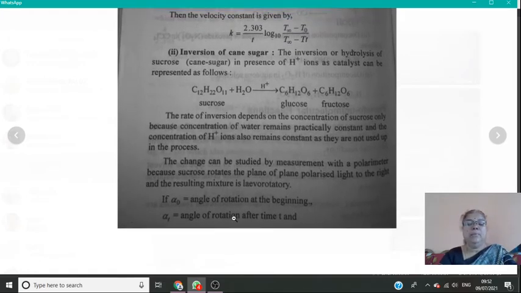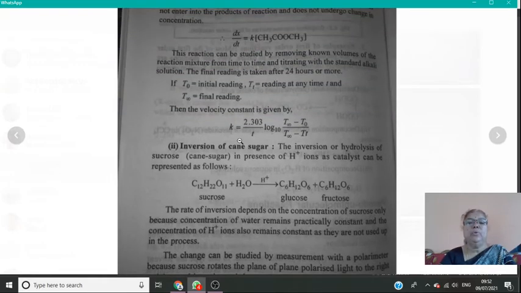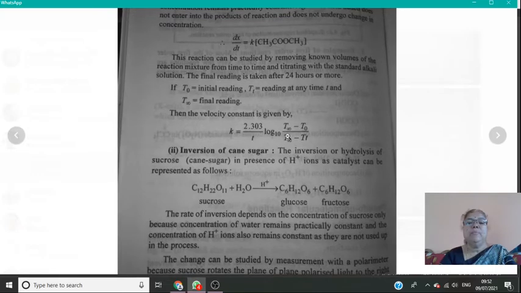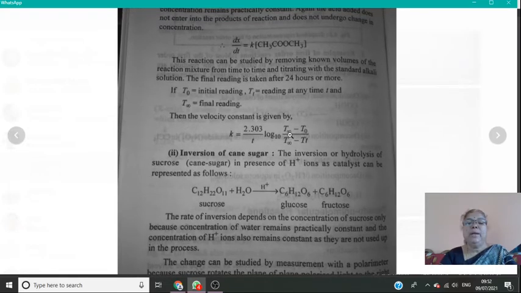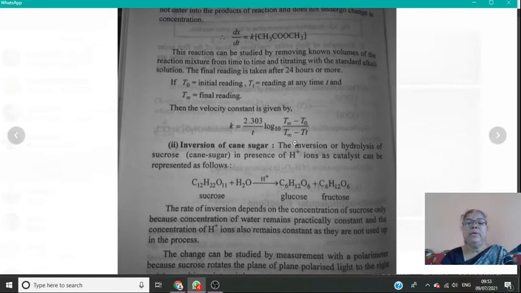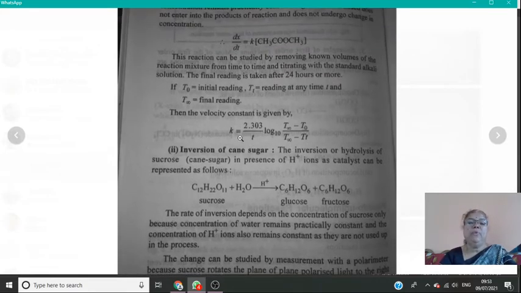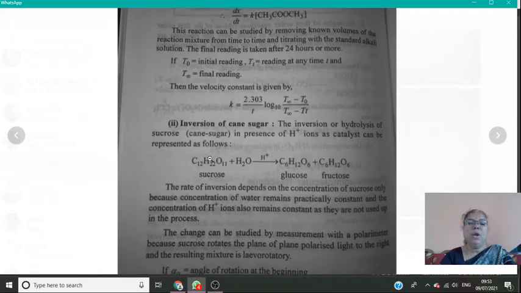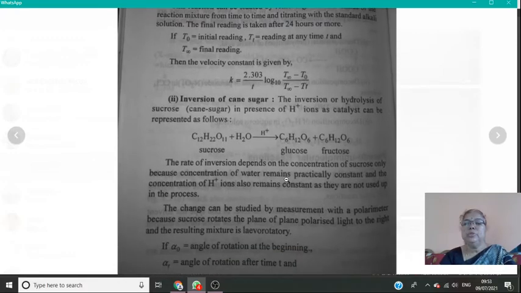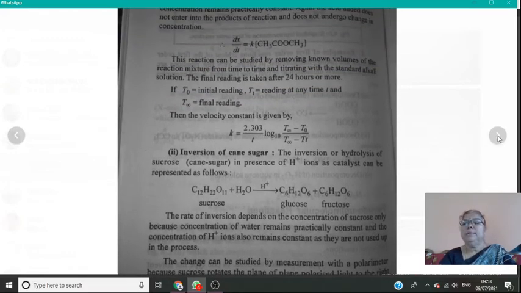Again, 3-4 readings are taken and you have to calculate the k values by putting here the alpha infinity reading, alpha 0 reading, then alpha t reading, and you will find the k values for the inversion of cane sugar.